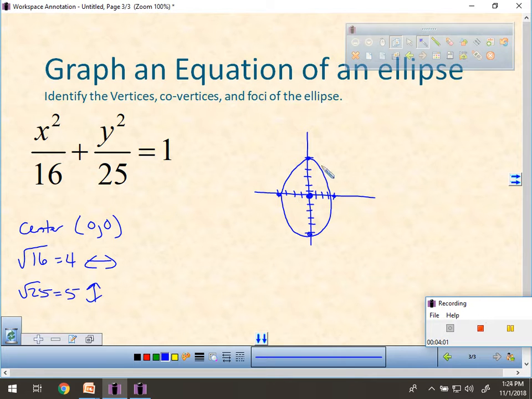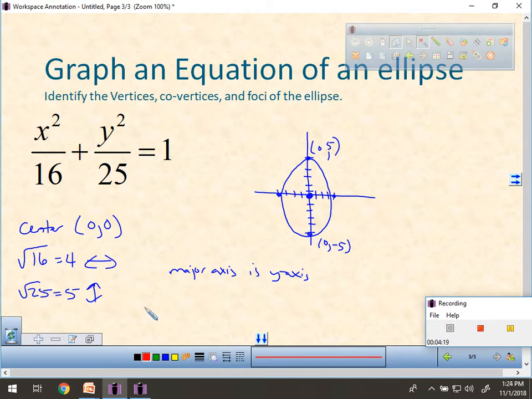And so if I were to label this, I notice that my major axis, which is the longer one, in this case is my y-axis. And so this is my major axis, which means my vertices are on my major axis, which will be at 0, 5 and 0, negative 5.